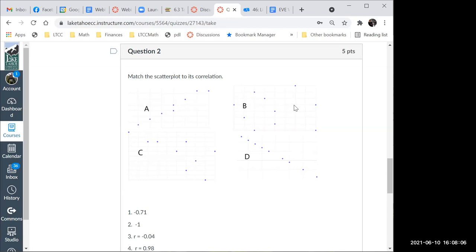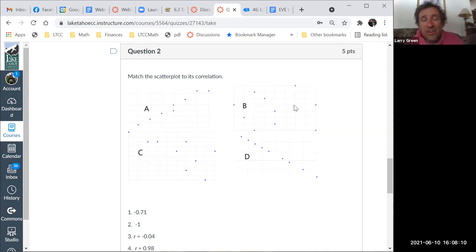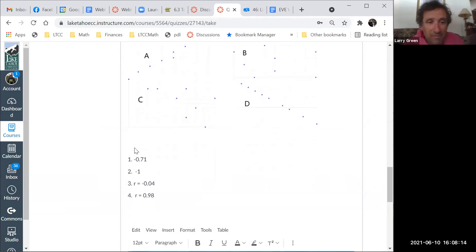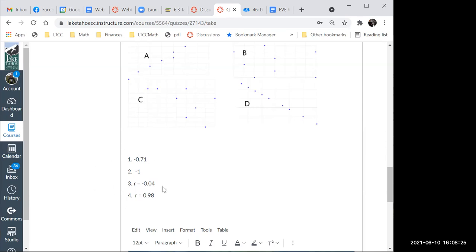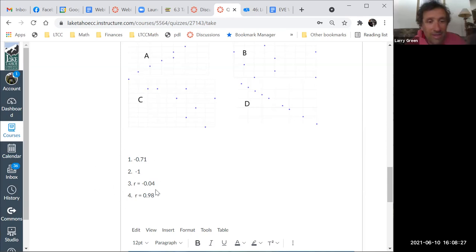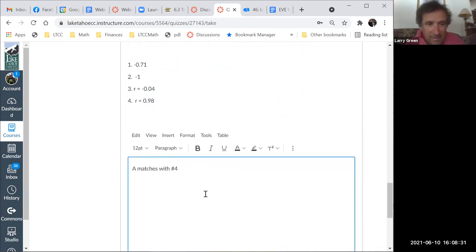Okay. And whether it's positive or negative, you really can't tell by looking at it. Being close to 0 just means all over the place. So which one? 1, 2, 3, or 4? 3. Yeah, number 3, the only one that's anywhere close to 0. So part B matches with number 3.